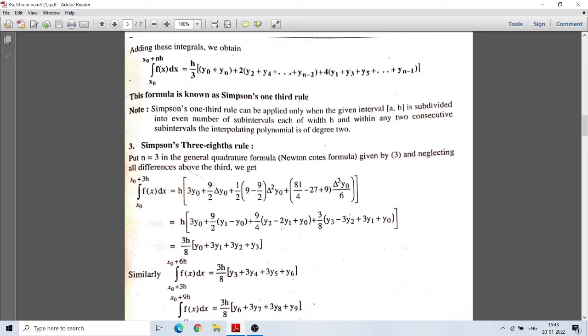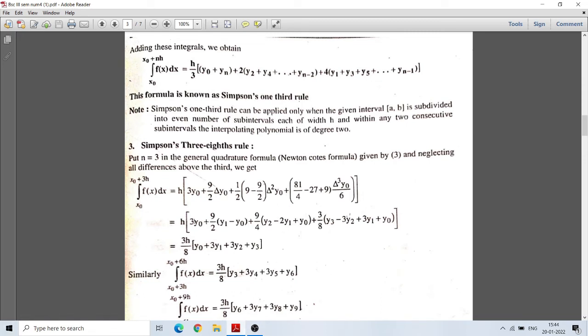Delta square y0 is already there, y2 minus 2y1 plus y0. Then each term is multiplied by delta y2 minus 2 times delta y1 plus delta y0, and simplifying we will get this one. We did the theory part already in the starting. So simplify the terms, the same terms here.